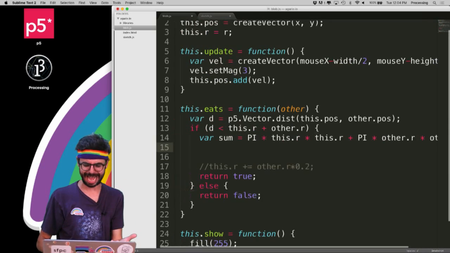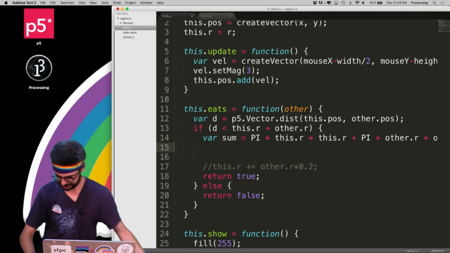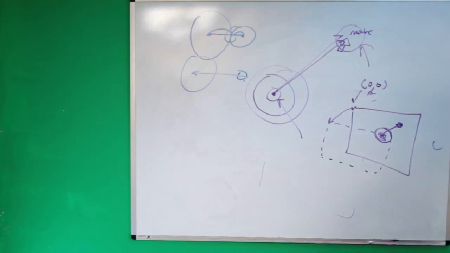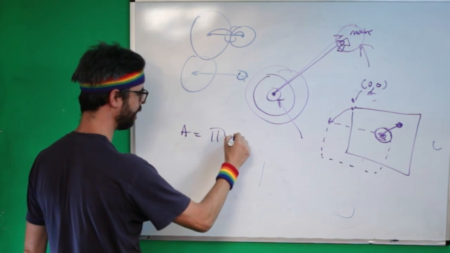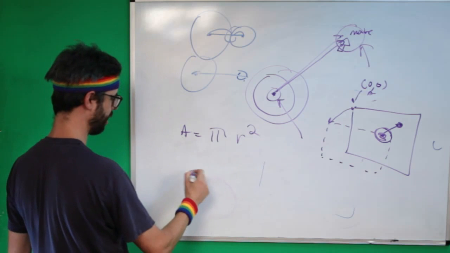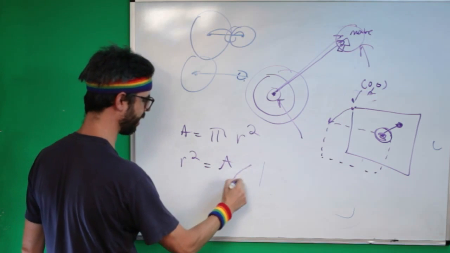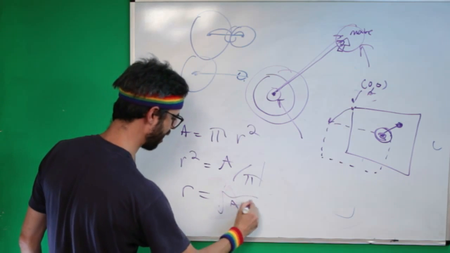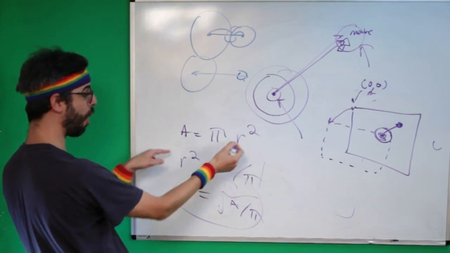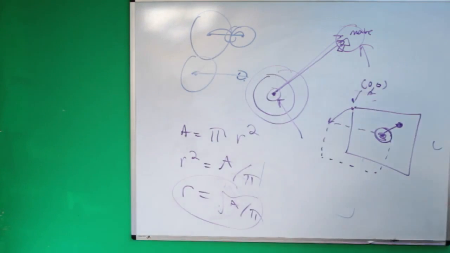And how do I get that? Well, let's think about this really quick. If the area equals pi r squared, then r squared equals area divided by pi, and r equals the square root of area divided by pi. So I can just solve for r with that particular equation, and I can come back to here.